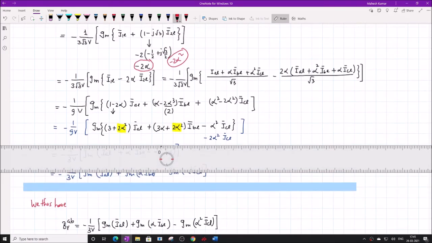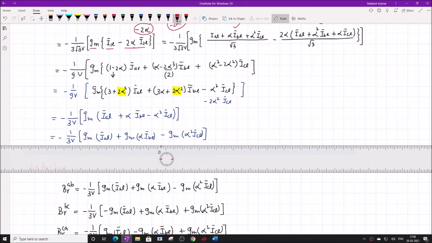So this is the expression for B gamma AB, imaginary of I1L minus twice alpha I2L. Substitute this value, this is IAL, this is IBL, minus 2 alpha, simplify them, this is 1 minus 2 alpha, here this is alpha minus 2 alpha cubed, this is alpha square minus 2 alpha square, this is minus alpha square.